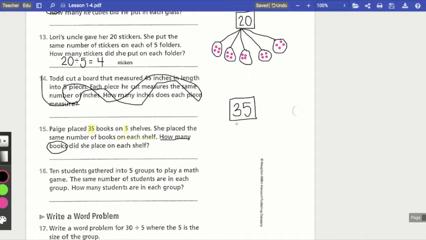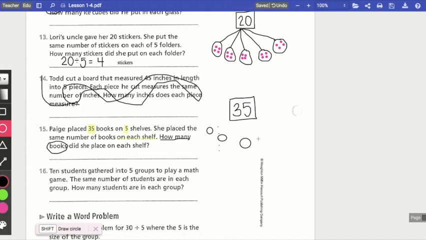I've seen people draw this as an array with like 5 high and then searching for how many are in each row, and I've seen people draw this as 5 groups also. Wowza, I was better off drawing them.